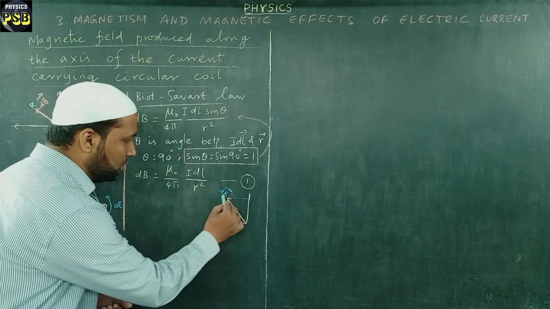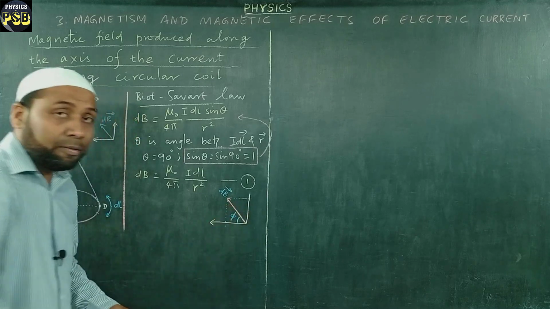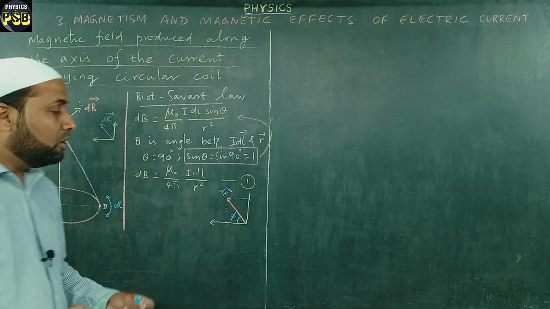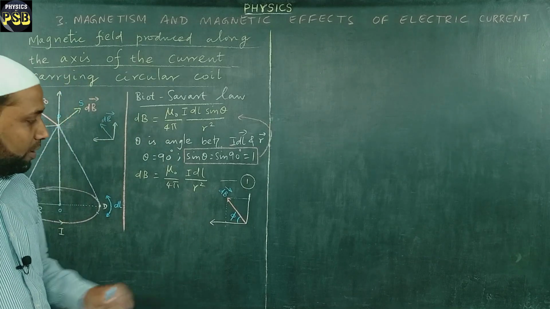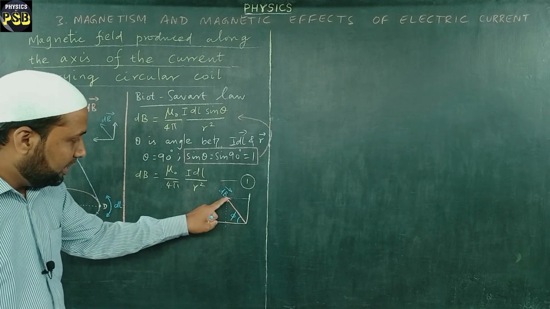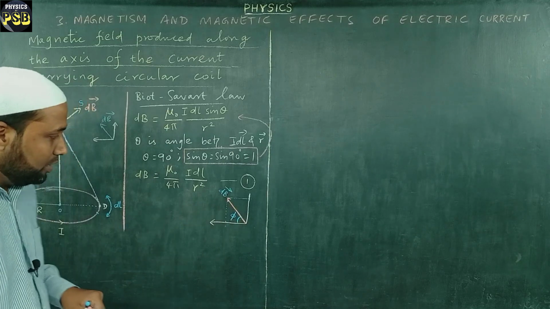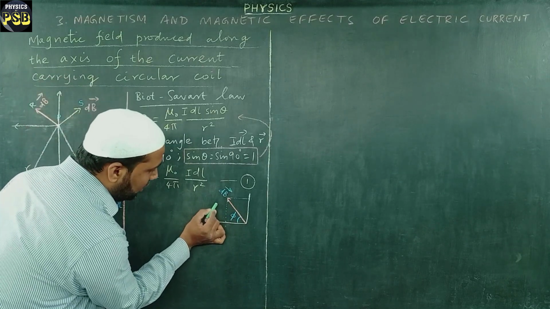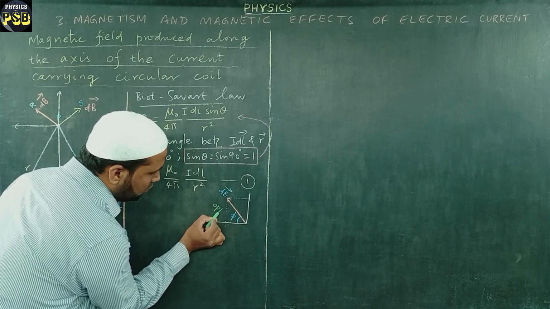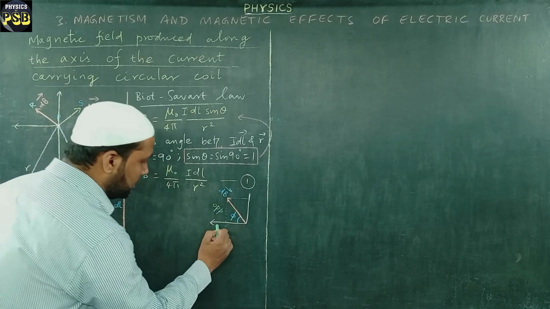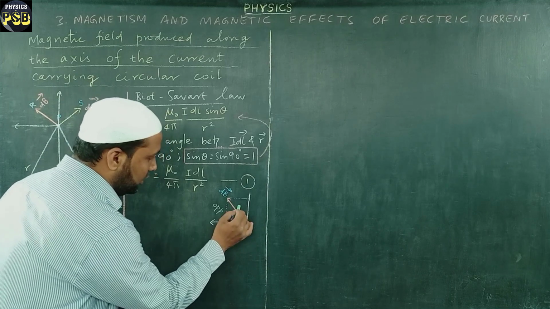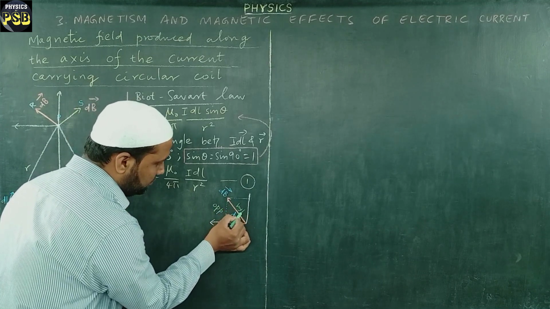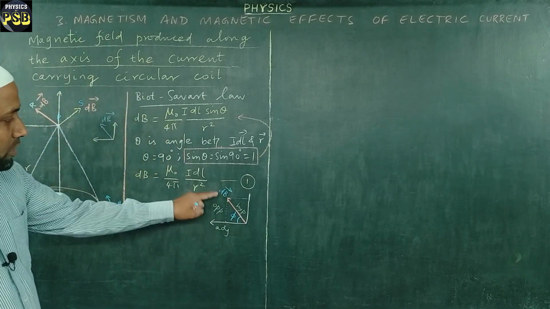When I have drawn this, I have obtained a rectangle which is divided into right angled triangles. Okay, and here I take this right angle triangle. This side of this triangle is called the opposite side, and this is the adjacent side, and this pink line represents the hypotenuse, whose value is dB.